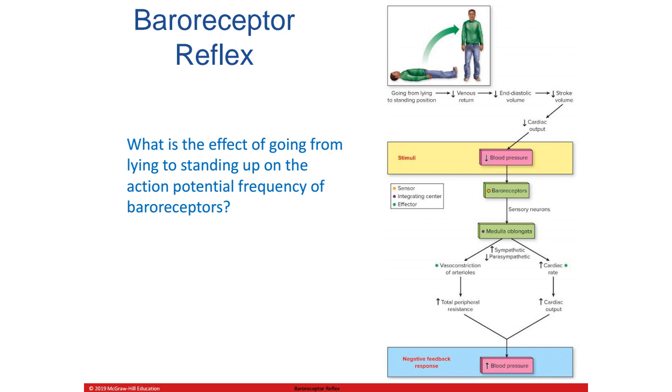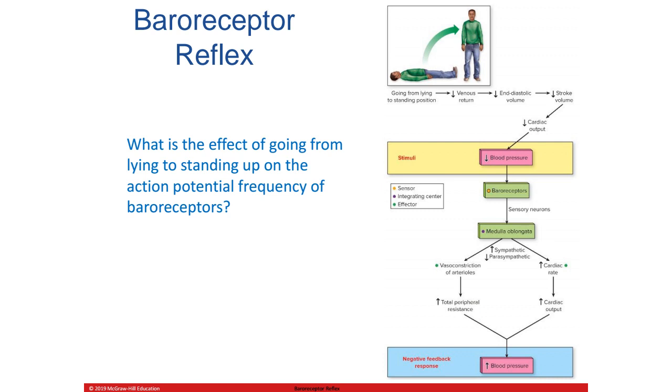So, for example, the sympathetic nervous system principally is responsible for vasoconstriction for the majority of arterioles in our body. And so you can imagine what we should have in terms of response should be vasoconstriction. This will lead to an increase in total peripheral resistance. This will then help lead to an increase in mean arterial pressure.